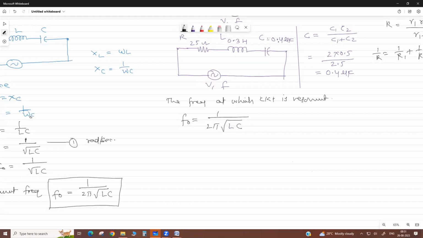Now L and C you know. So F naught equals 1 by 2 pi under root of L, which is 0.3, into C, which is 0.4. Multiply also with micro, which is 10 raised to power minus 6. For easy calculation, what do you do?